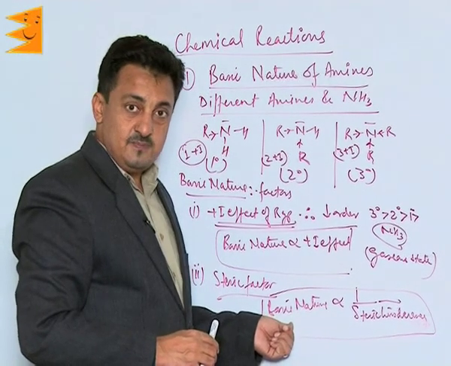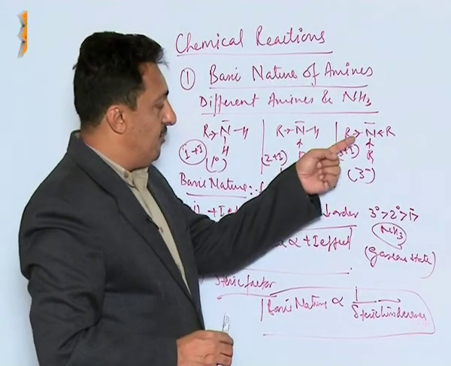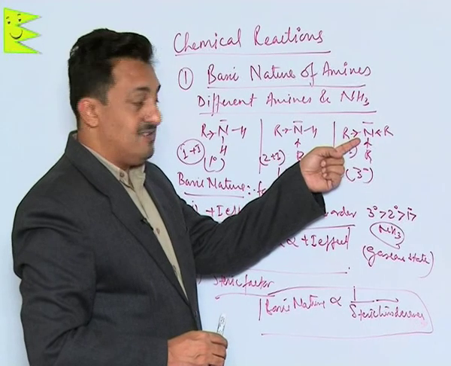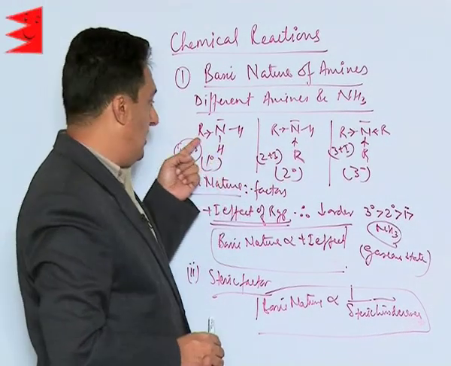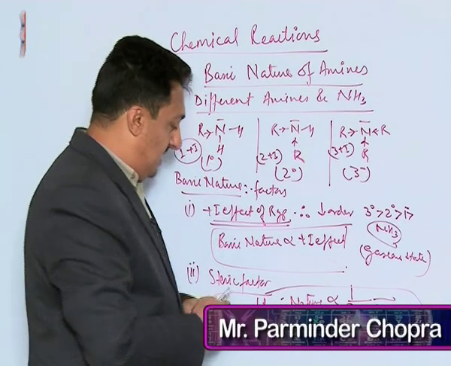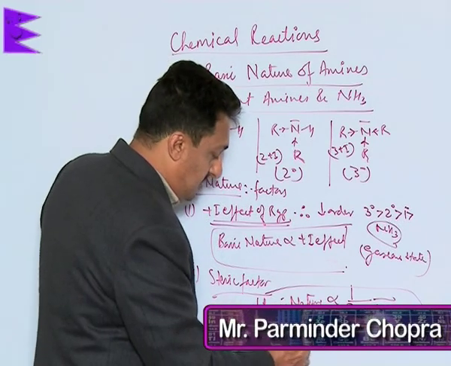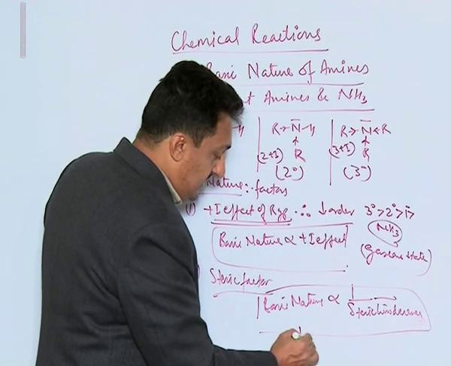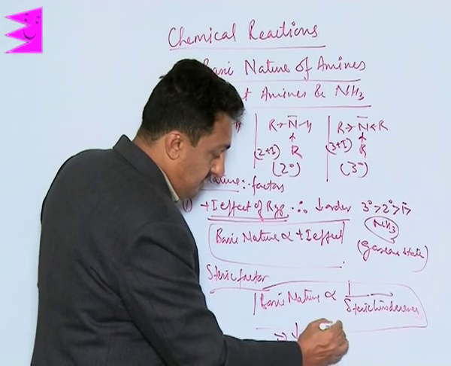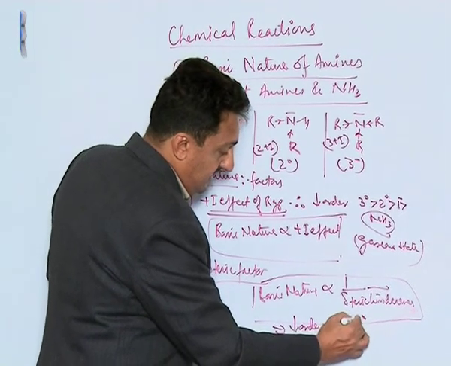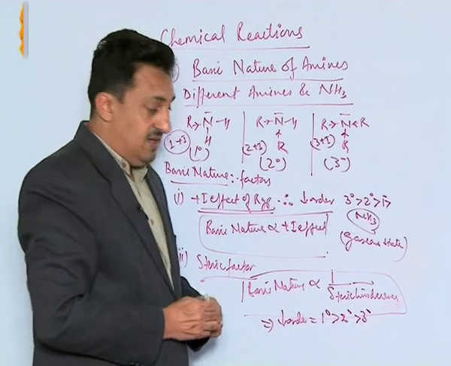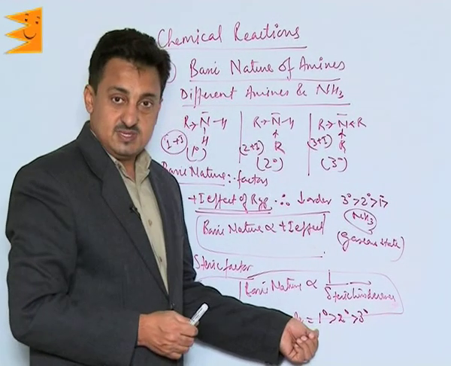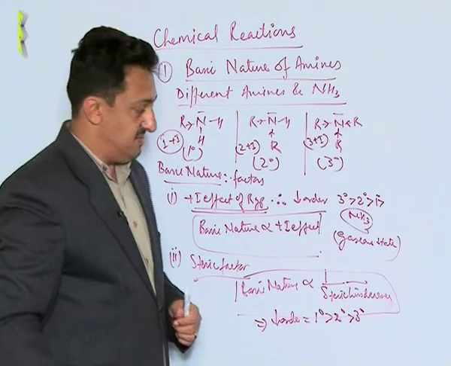Therefore, the maximum steric hindrance is in tertiary, then in secondary, and it is least in primary because of only one R group. On this basis, we can conclude that the decreasing order will be primary, then secondary, then tertiary. And if we include ammonia, ammonia will be maximum in this case. So those are the two factors we have.